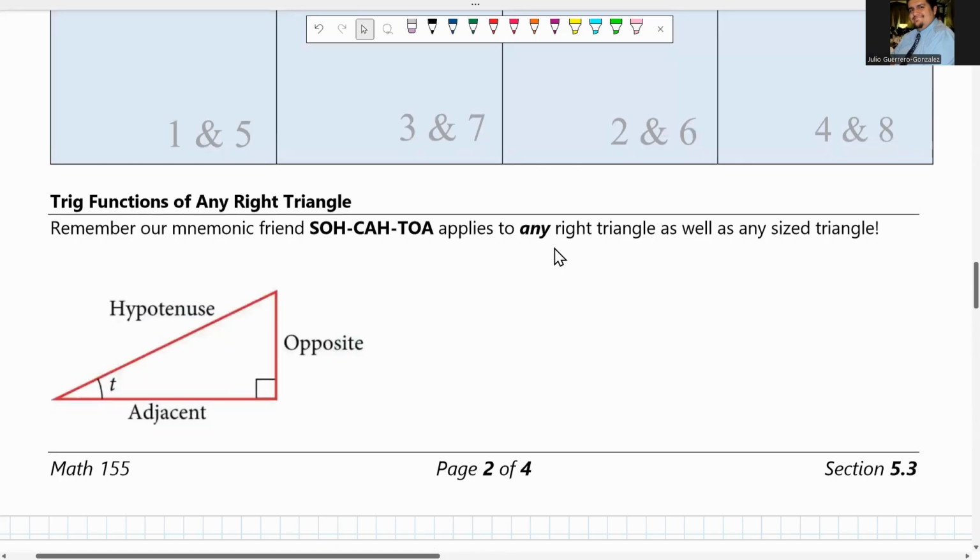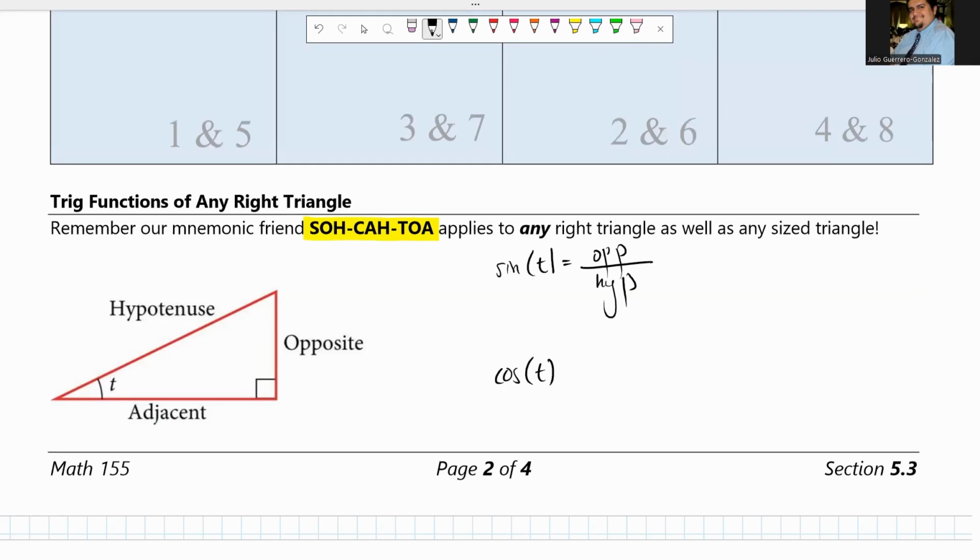Trig functions in any right triangle. This goes back to the actual application. This is what we use our trig for in real life. It is the SOHCAHTOA thing. If you remember, sine of some angle t is opposite over hypotenuse.